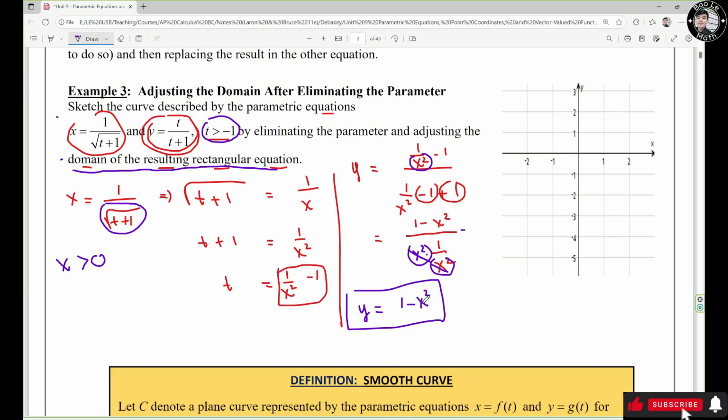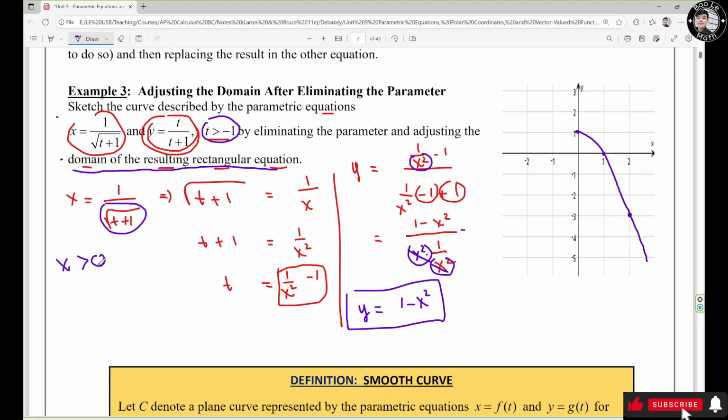So x equals 0, y equals 1. We have the first point right here. X equals 1, y equals 0. It could be right here. X equals 2, y equals -3. So it could be right here. So if you connect these, it could be something like this.